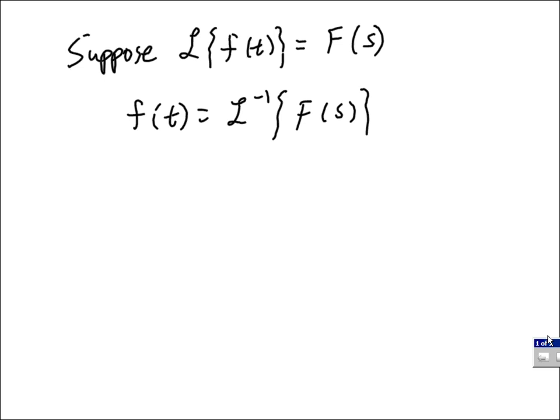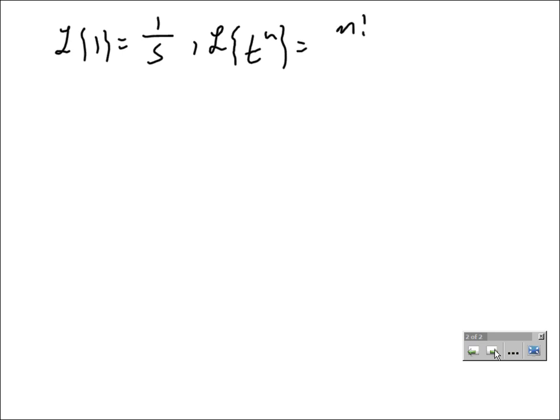So, we know a lot of transformations. For example, we know that L of 1 is 1 over s. And we know that L of t to the n is n factorial over s raised to the n plus 1, but this is just for the counting numbers.